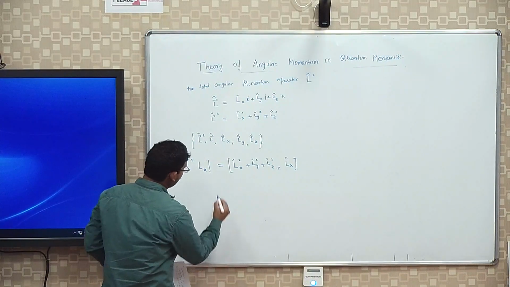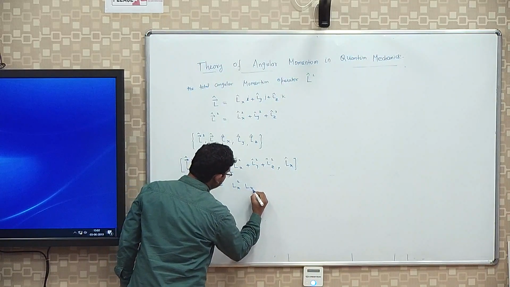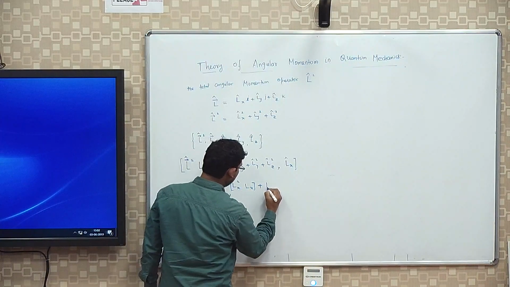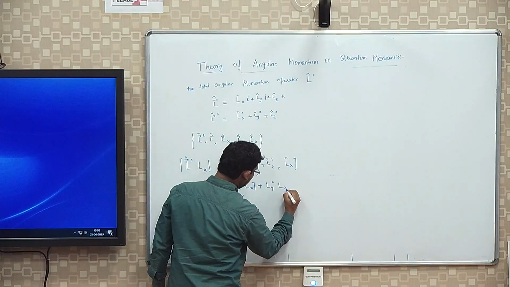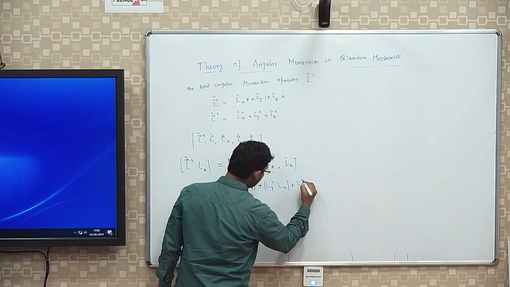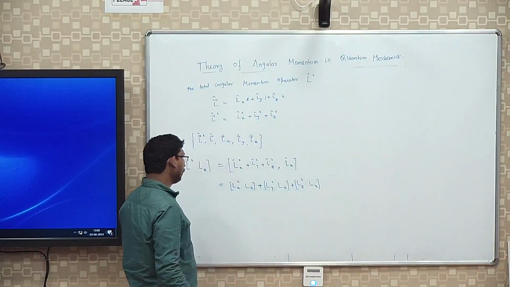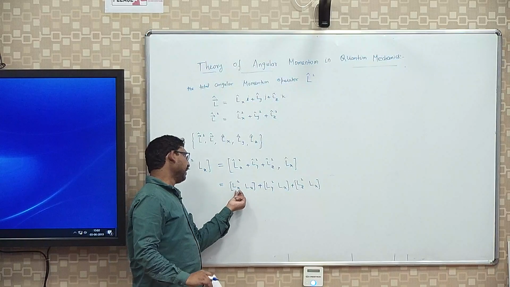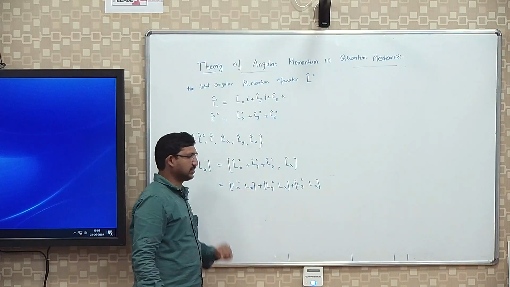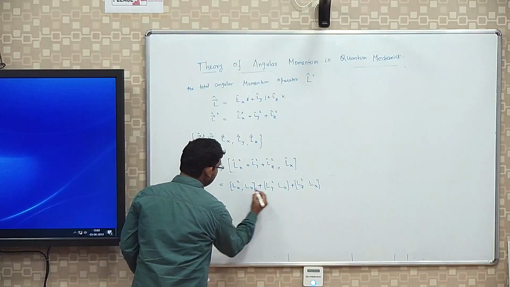So, if it is commute, Lx squared with Lx plus Ly squared commute with Lx plus Lz squared commute with Lx. The total orbital angular momentum commute with the angular momentum in the x component, what will be the result?